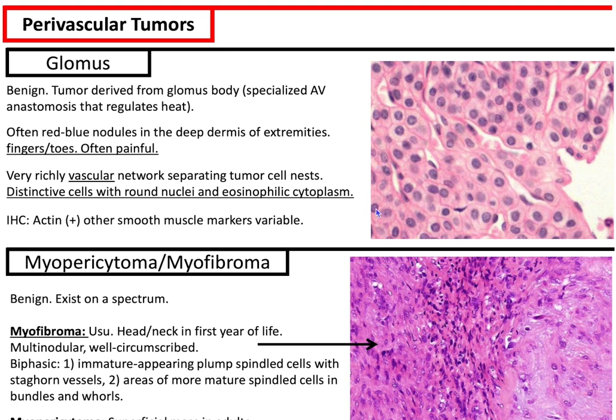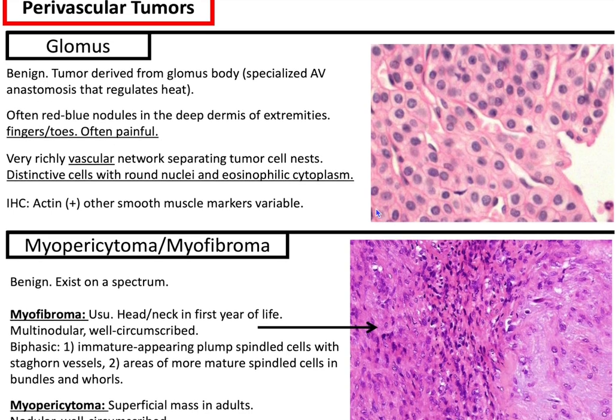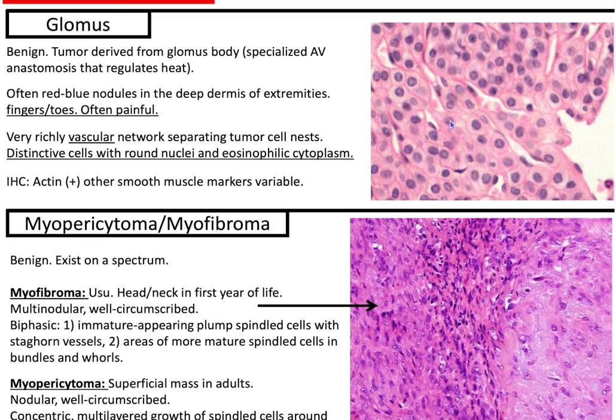So perivascular tumors, glomus tumors. I like to think of these as copy-pasted cells because they all look similar. These are benign. It's derived from the glomus body, which are specialized AV anastomosis regulating heat. You'll often have these in the fingers and toes, although they can oftentimes also be in the visceral area, like the stomach.